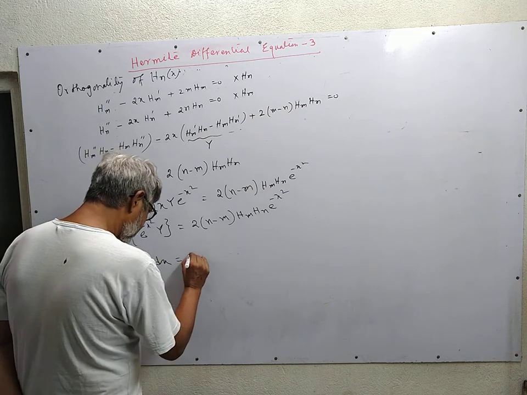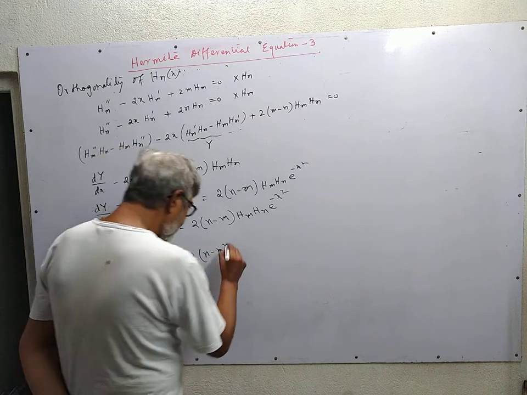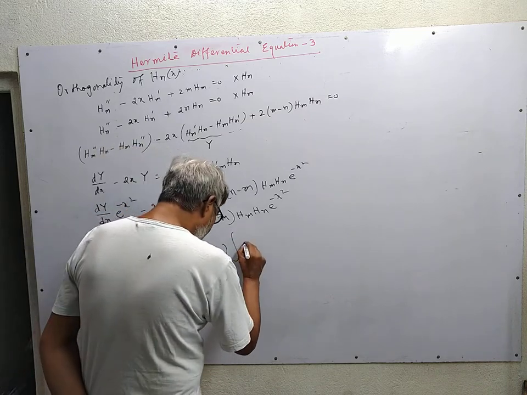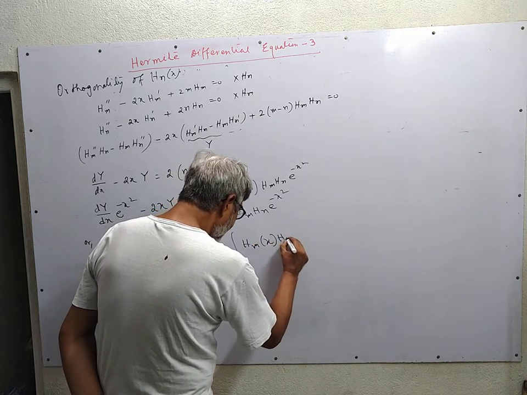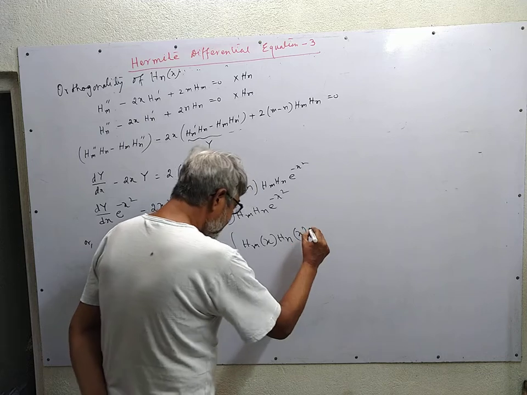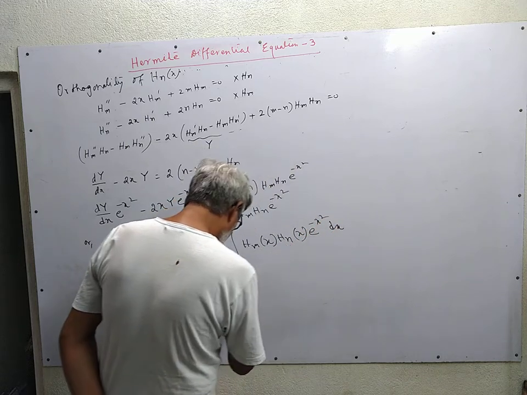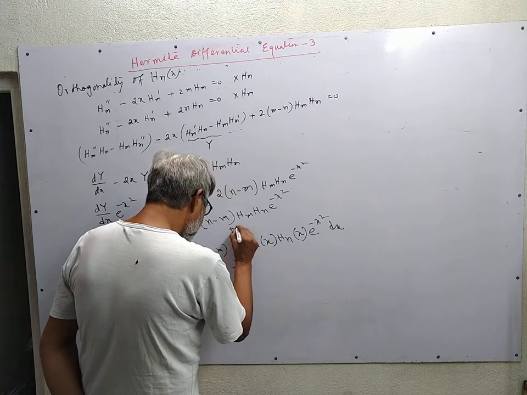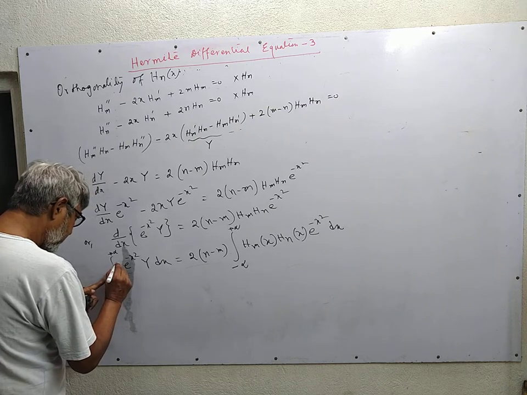On the right hand side we have 2(n minus m) and then this part, the integral of Hm(x) Hn(x) e to the power minus x square dx from minus infinity to plus infinity.